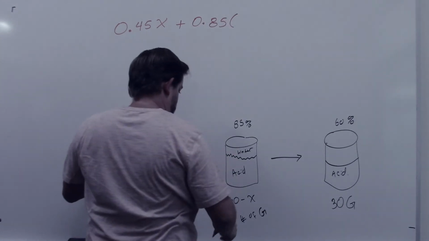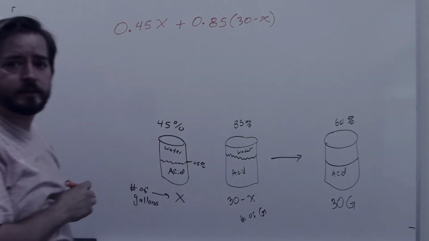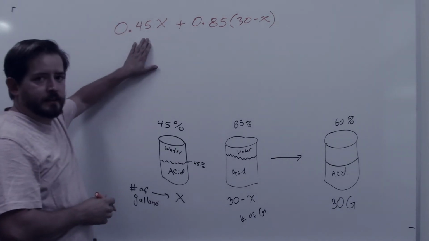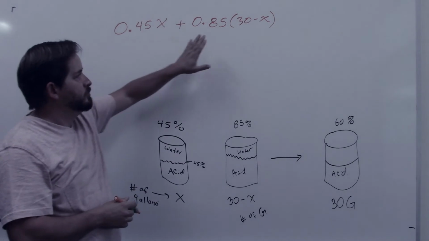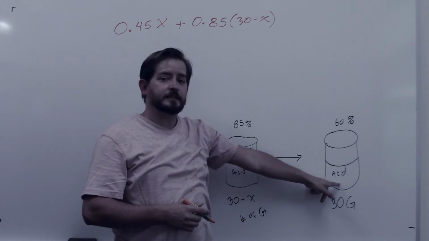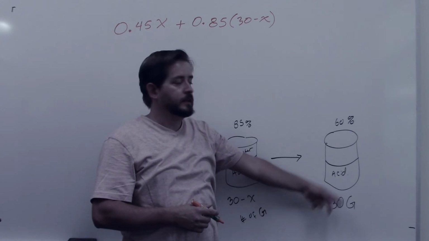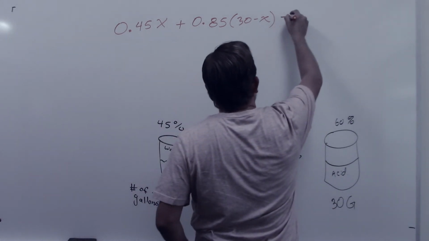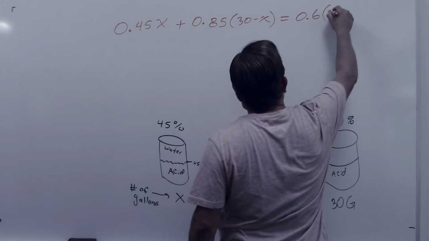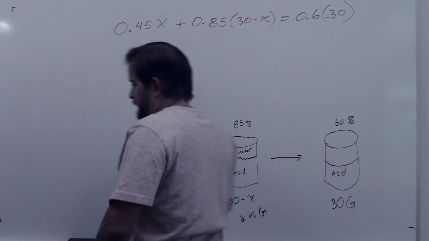Alright, that looks better. So the total amount of acid that I dump into the container from jar 1 plus the total amount of acid from jar 2 should be the total amount of acid that's in jar 3. And that is 60% of 30 gallons. So 0.6, that's 60% as a decimal, multiplied by my 30 gallons. And that's my equation.